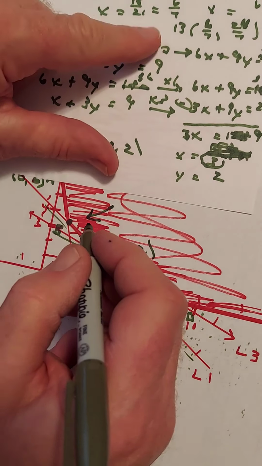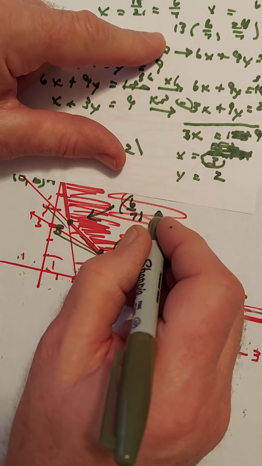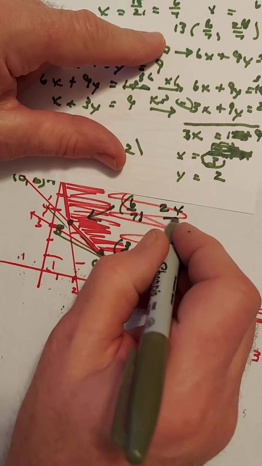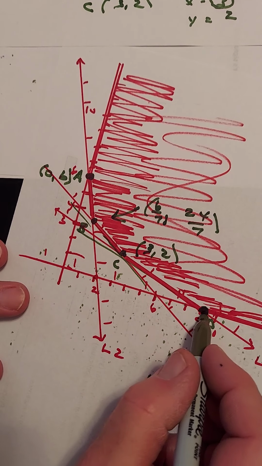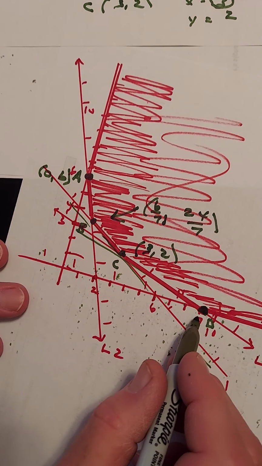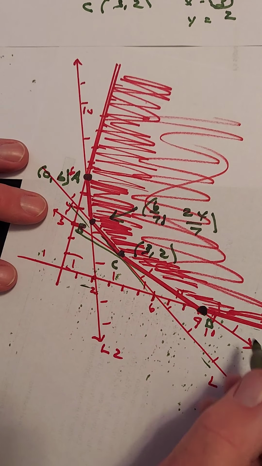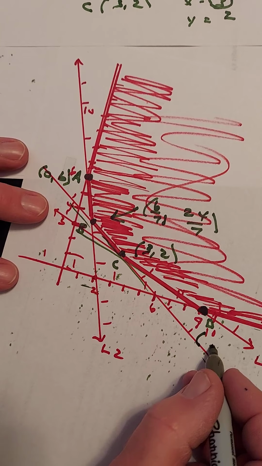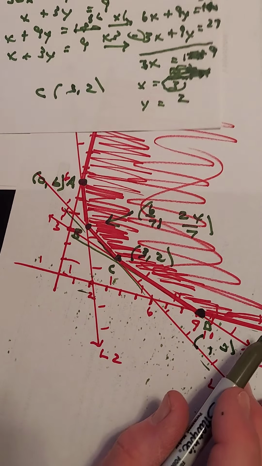This one was 6/7, 24 over 7. And that leaves this point here, point D. Well, remember on D, y is going to be 0, right? So it's going to be something, 0. And it's also on L3.